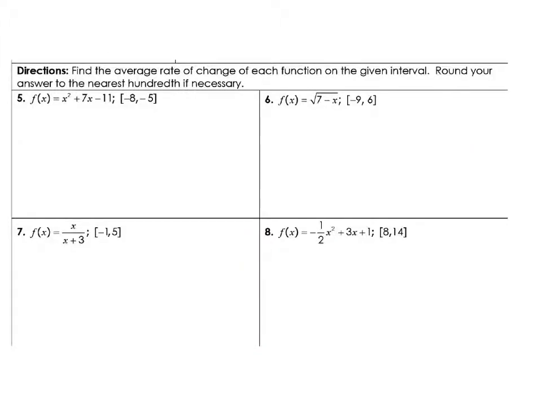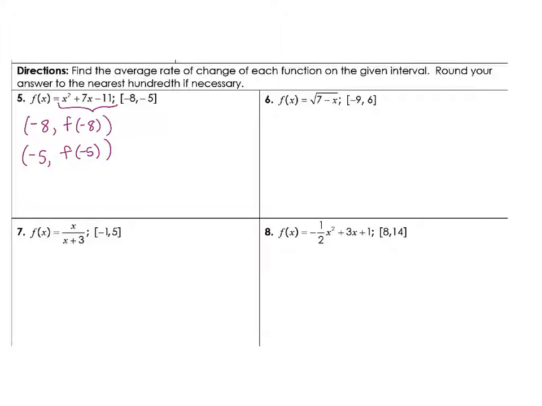Right, now for these problems, our formula is still the same, but how we get our y value is a little different. Instead of reading off the graph, we're going to have to substitute our x values into our function. So we need to find -8, and then f at -8, and then we need to find -5 and f at -5.